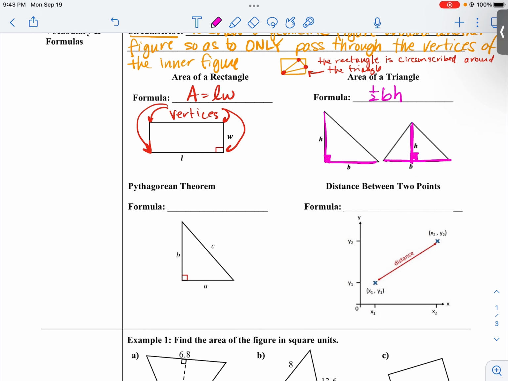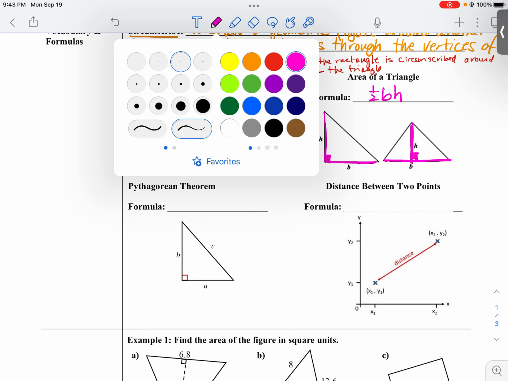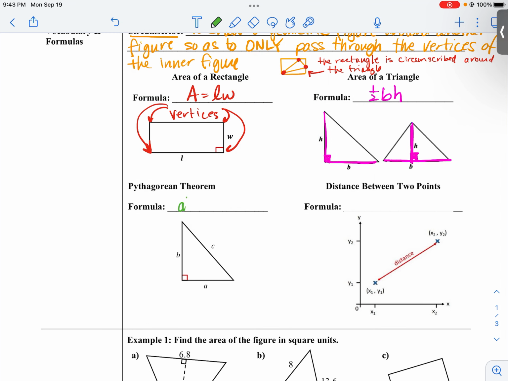We can also use the Pythagorean Theorem. We just got done going over that. A squared plus b squared equals c squared. Don't forget that c is always the side opposite the right angle, the hypotenuse. And these are legs.